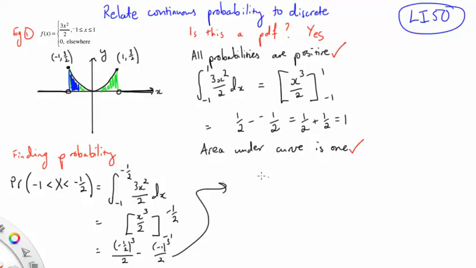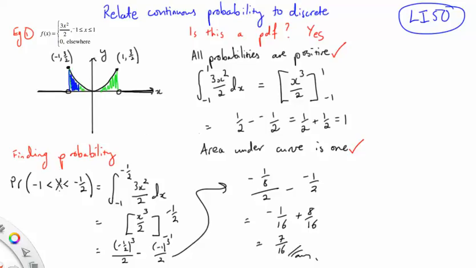So that's -1/8 on 2 minus -1 on 2, which is -1 on 16 plus 8 on 16, which is 7 on 16. There's our probability.